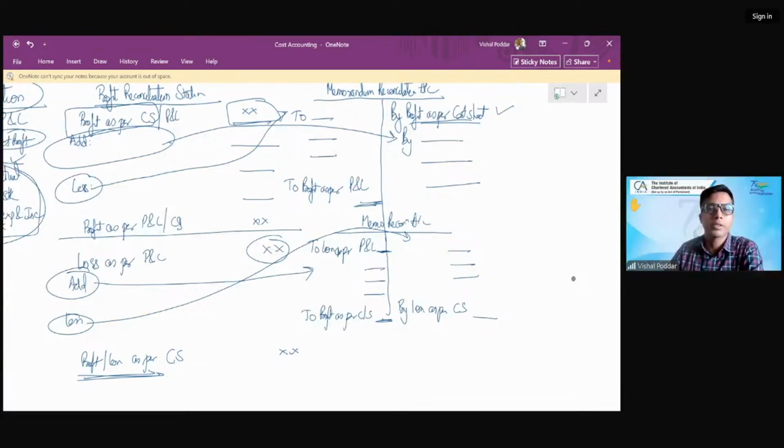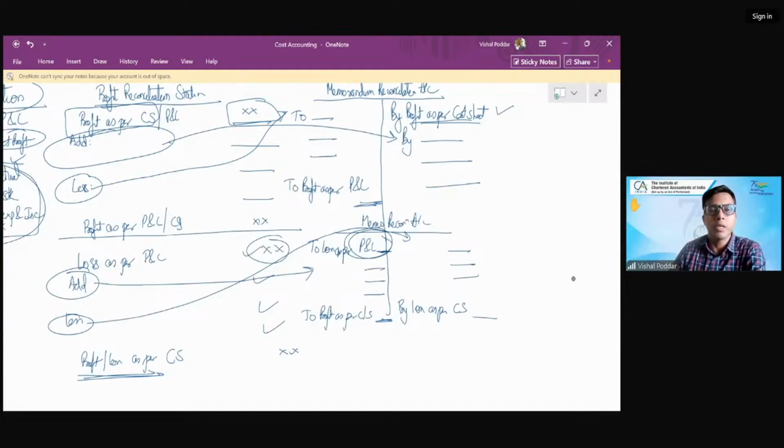But the important point is where the question is of reconciliation of losses, you will write your opening balance or the starting loss on the debit side because losses have debit balance. So just remember this, because in statement format, it will always be in vertical, so it makes no difference.